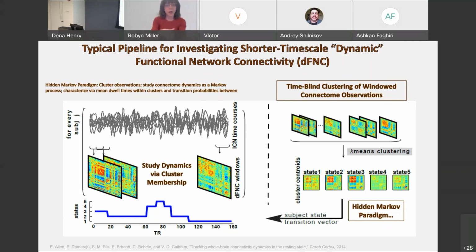We study each individual scan as a process of transitioning between those states or occupying those states for certain periods of time. So basically, we're estimating a hidden Markov model from a whole pile of data and the centroids of the clusters that we get from that data.